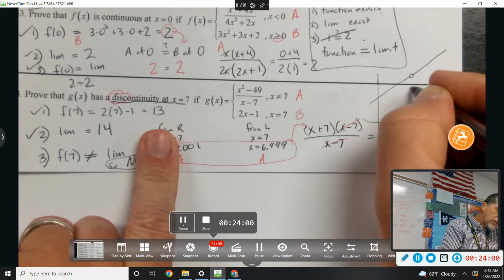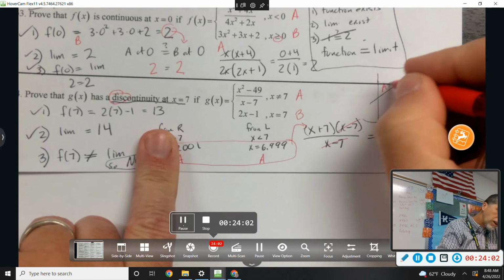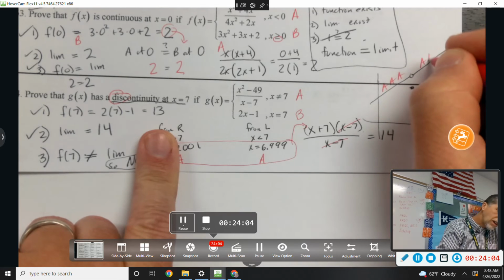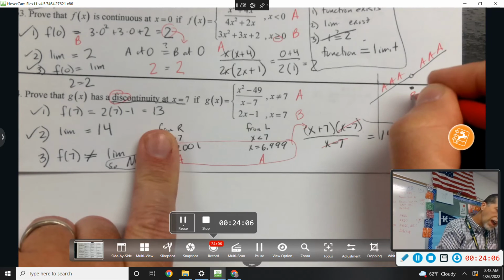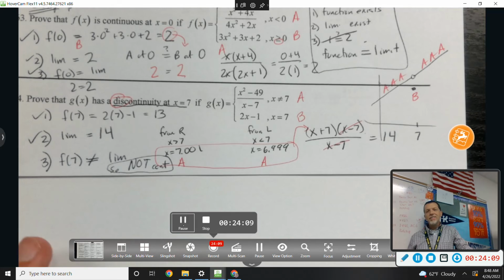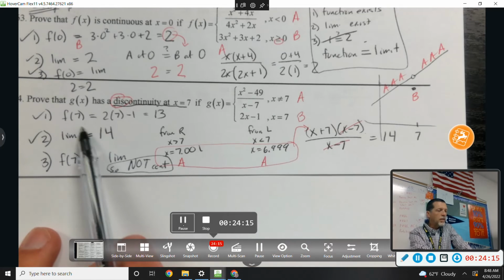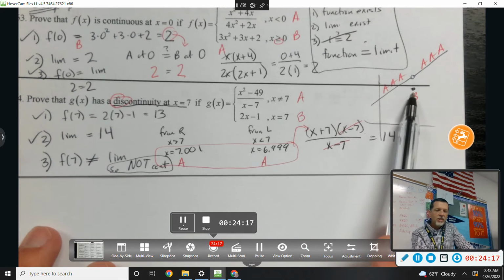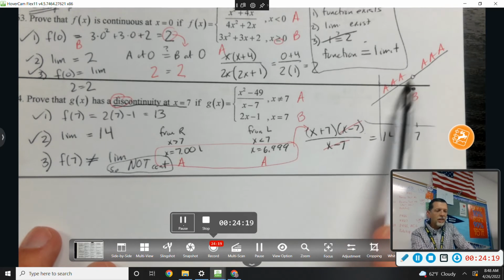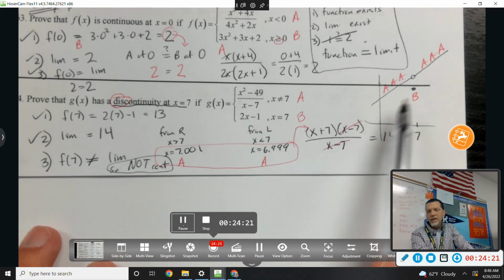So branch A, branch A, branch A, branch A, branch A, branch B. Branch B does not fill in the hole. And it's not continuous. So that's sort of the graphical understanding of it. But the official proof is function exists. Yep. Limit exists. Yes. But they're not equal to each other.